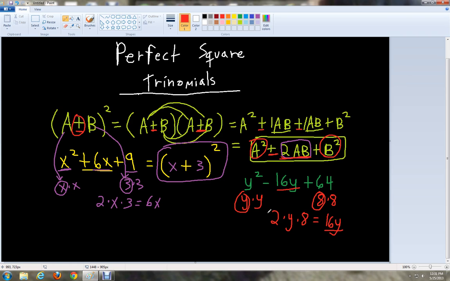The way we factor this is we do parentheses squared, and since our middle term is negative, we have a negative here in the middle, and then a is y and our b is 8.